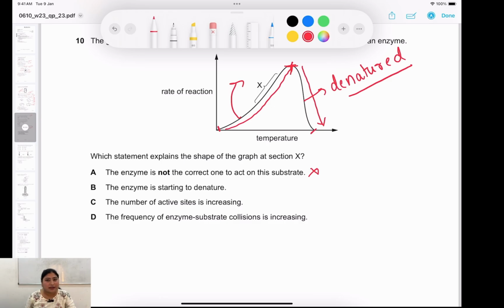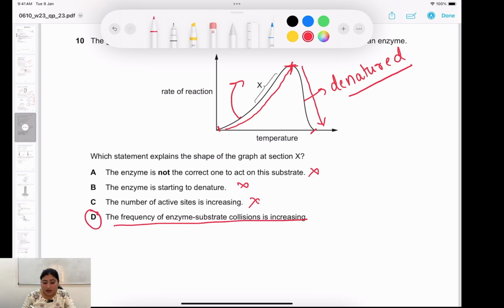The enzyme starting to denature, no, I told you already that it is in the second part where the enzyme is starting to denature, so no. The number of active sites is increasing, no, the number of active sites is the same. And the last option is the frequency of enzyme substrate collision is increasing. This is the answer.